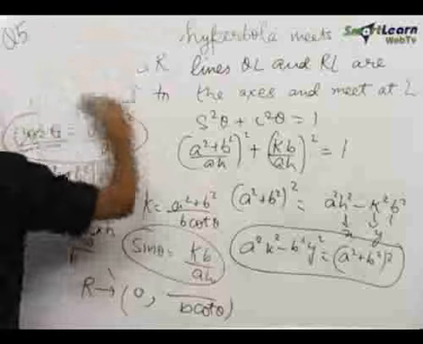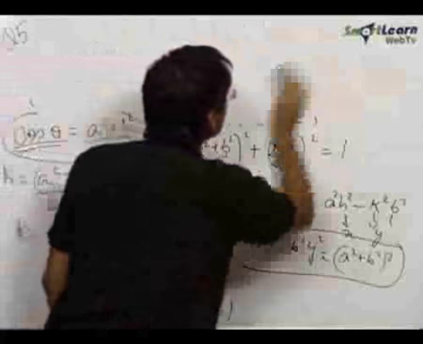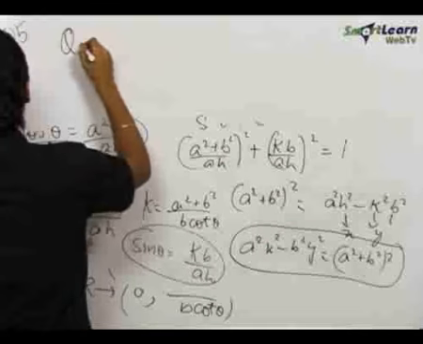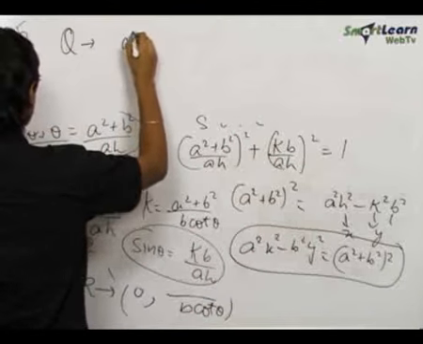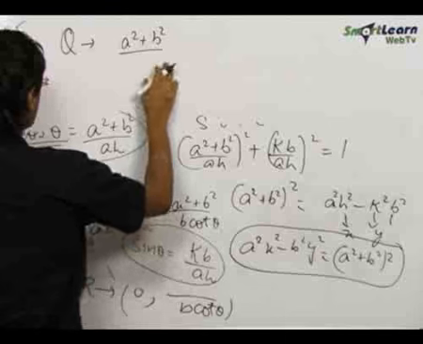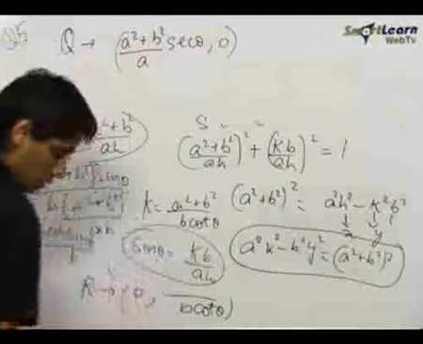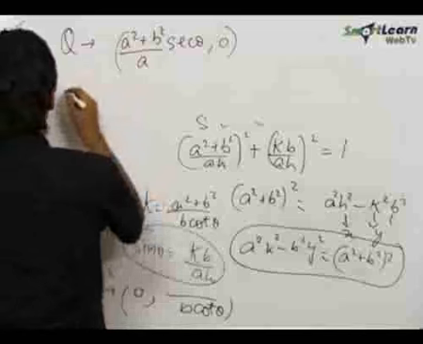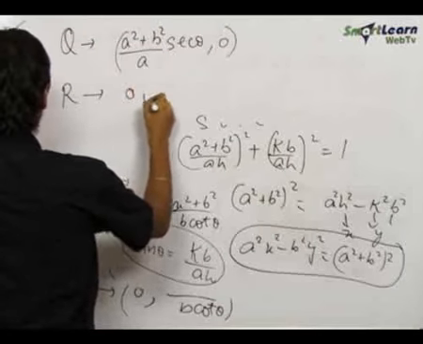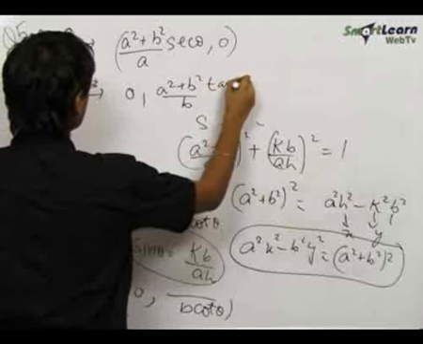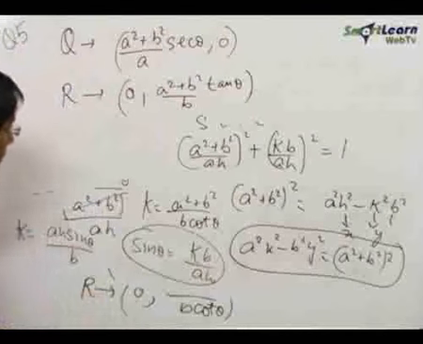Now we need to find the locus of the midpoint of points Q and R. The point Q was a square plus b square upon a sec theta comma 0, and point R was 0 comma a square plus b square by b tan theta.